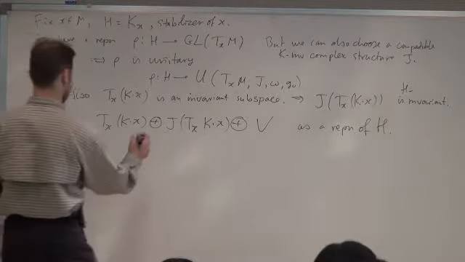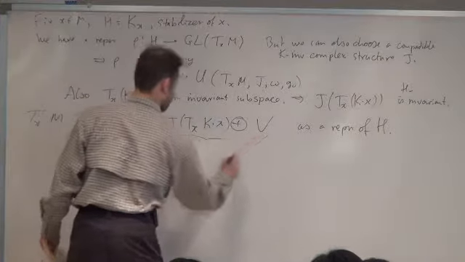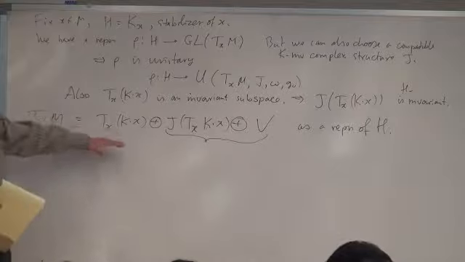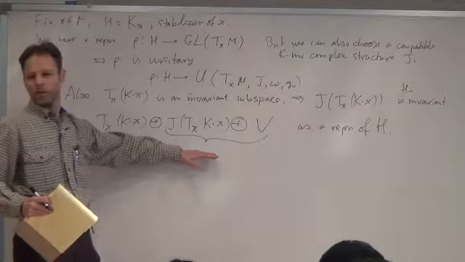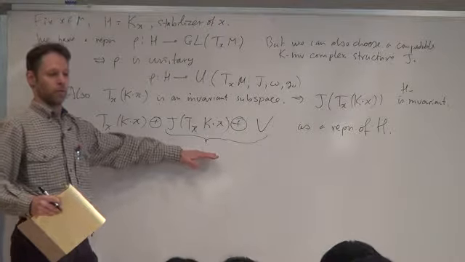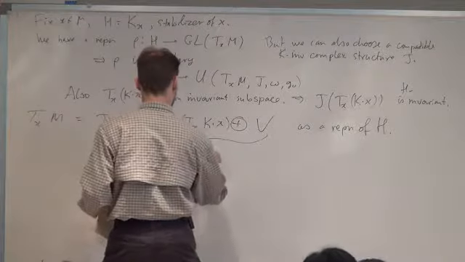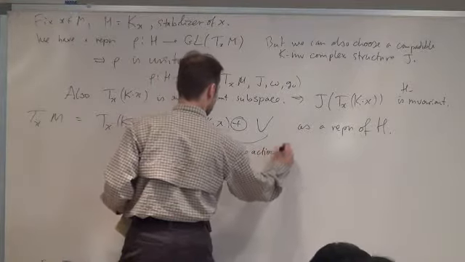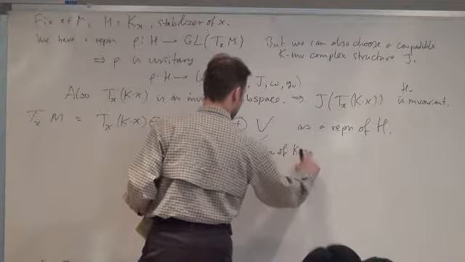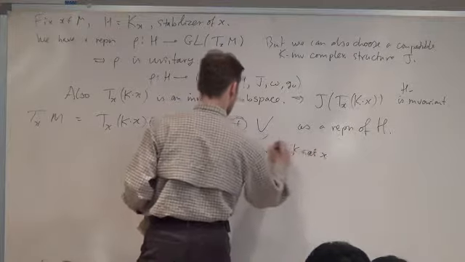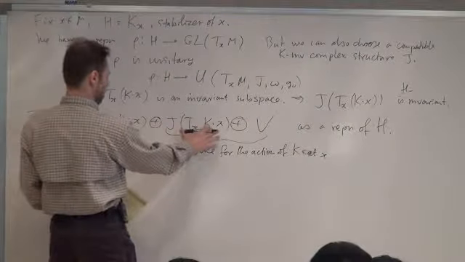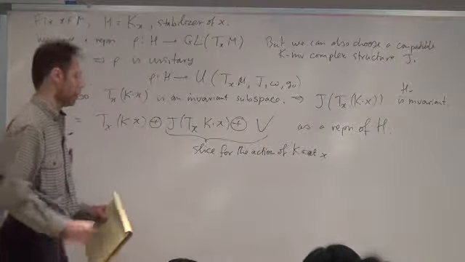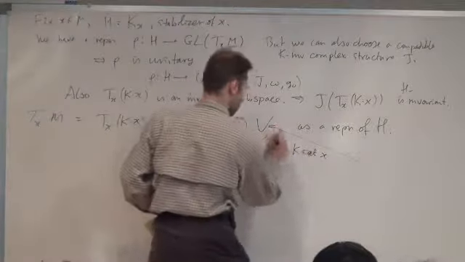And if you look at this, notice what this is. This is the tangent space to the orbit, and this is the complement. So this is the fiber of the normal bundle. This is the slice for the action of K at x. And notice that it has a piece that's isotropic, and then there's another piece which is symplectic. So this guy is called the symplectic slice.